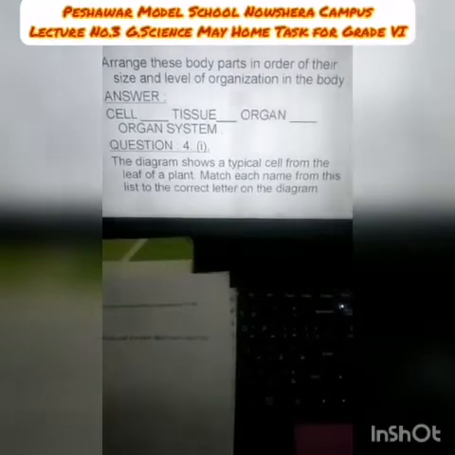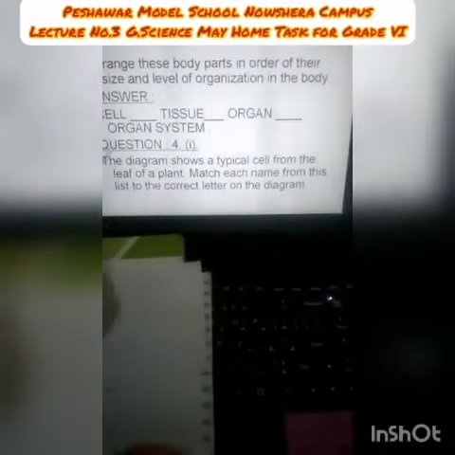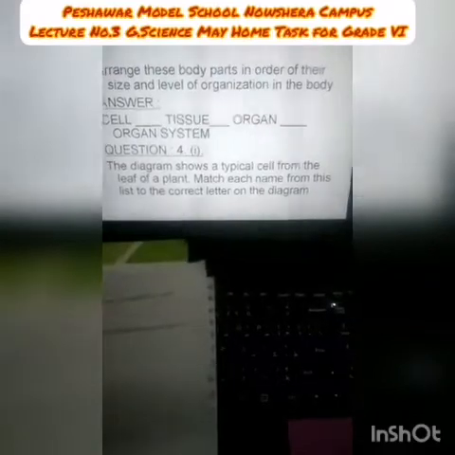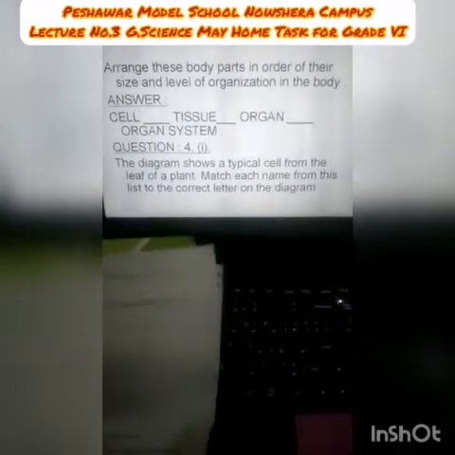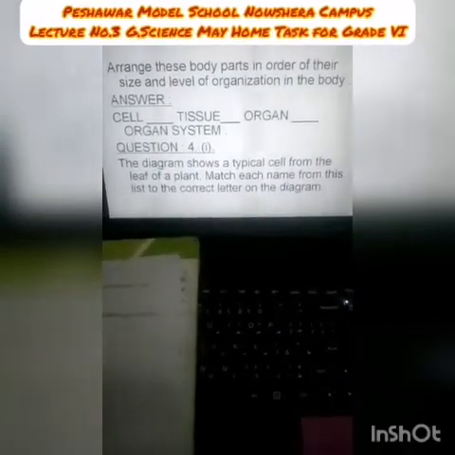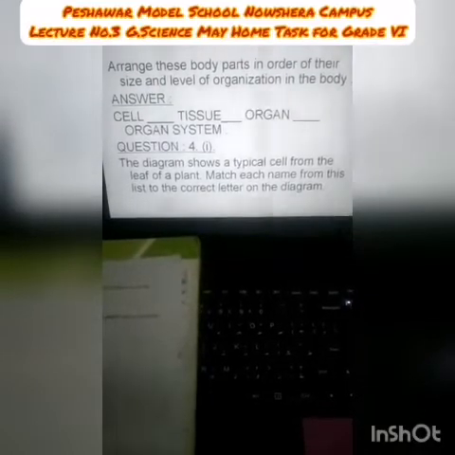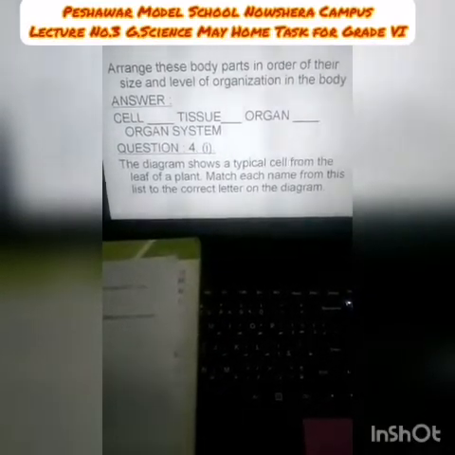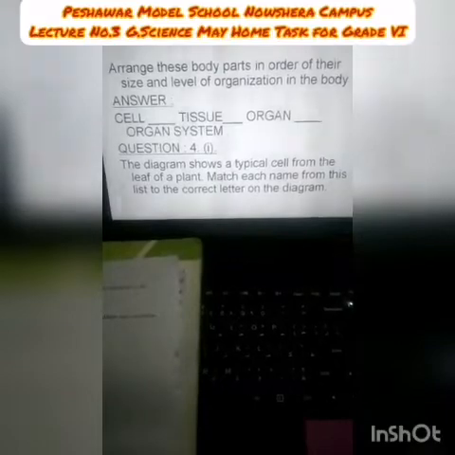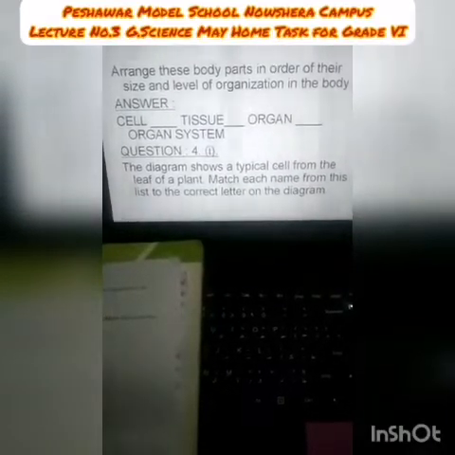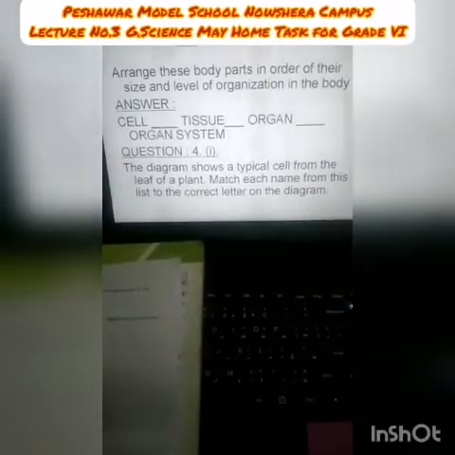Then cells group together to form tissues. Then tissues of the same or different types combine together to form organs, and organs combine together to form organ systems. So in sequence you will write cell, then tissue, then organ, then organ system.